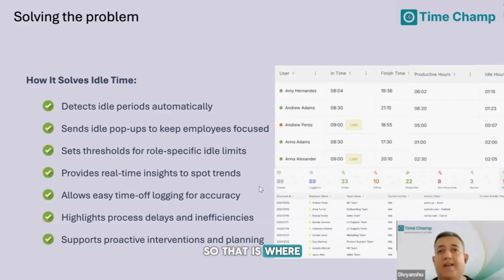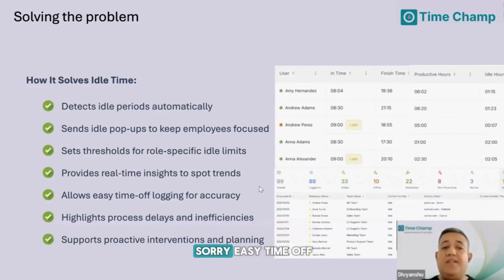So that is where you can do those role specific settings, and it provides you real time insights to spot trends. You can see where exactly the lags or the gaps are, so that you can work out the solution.